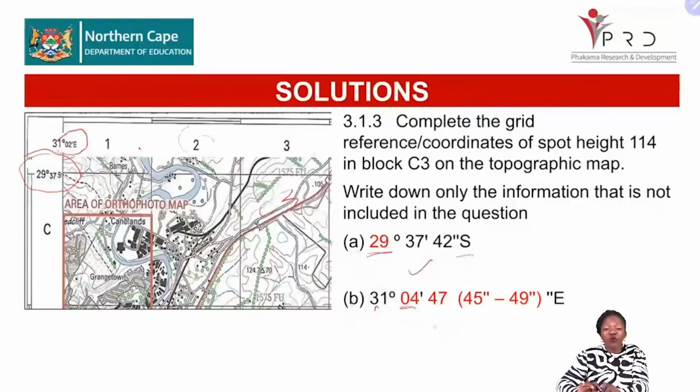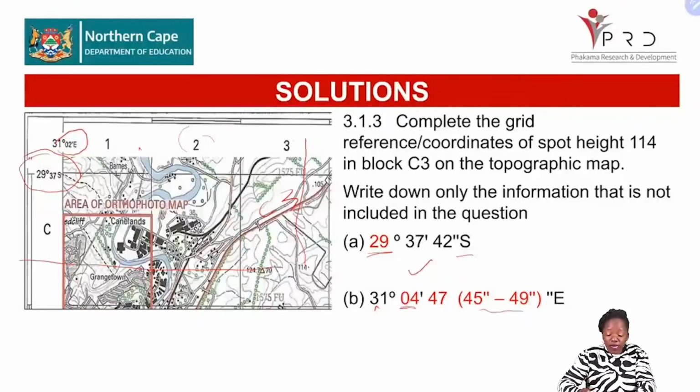Then what happens when you are looking for the seconds? That's where you're going to have a range, because in finding the seconds, you first locate where your feature is. Remember, you do this with the ruler so that you can be as accurate as possible.